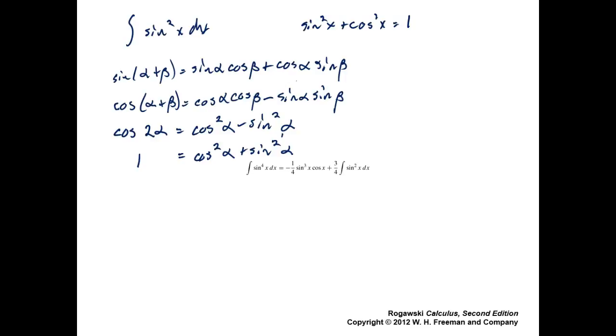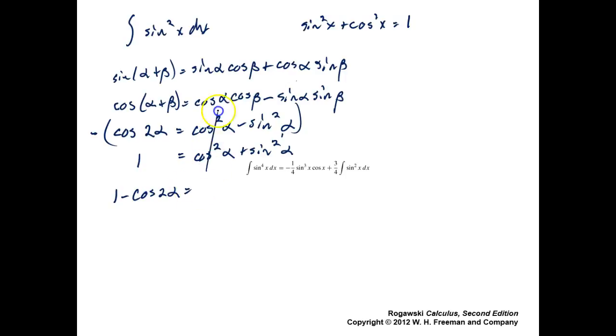Now, I wish I had that on top. I wish it were on the bottom. So let me back up. No, let's leave it there. What I'm going to do is subtract the top equation from the bottom equation. That would be 1 minus cosine 2 alpha.